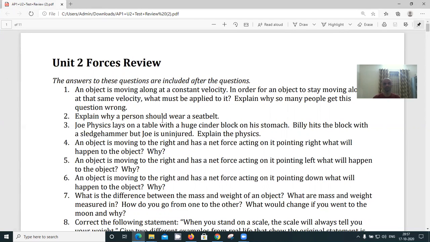Unit 2, forces. No, what are they discussing in the class? FBDs, elevators, springs. Second unit or something else? No, what are they discussing right now in the class? Is it unit 2 or unit 3? Unit 2. Okay.